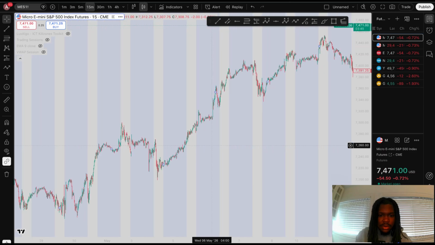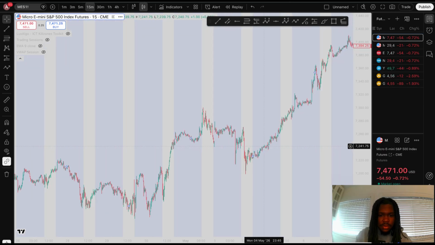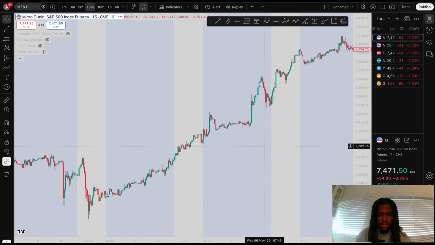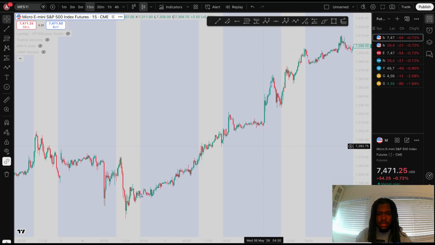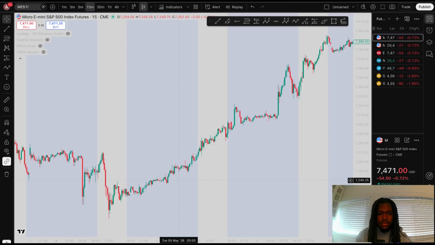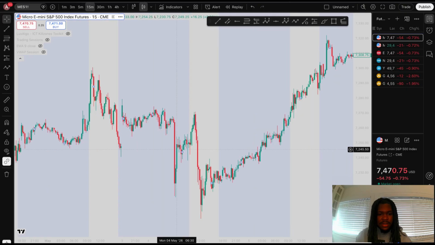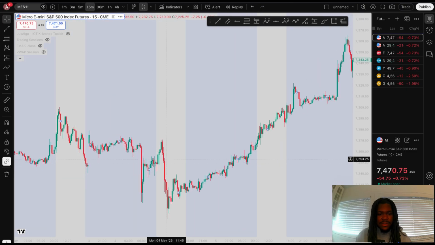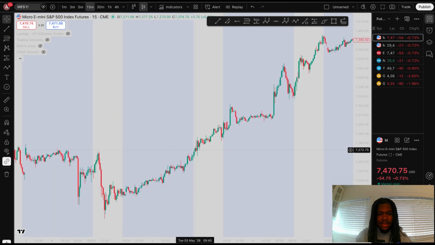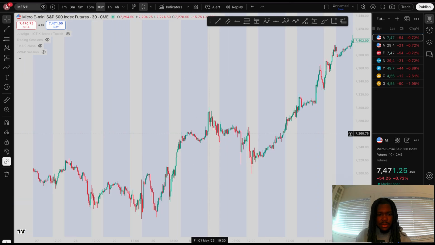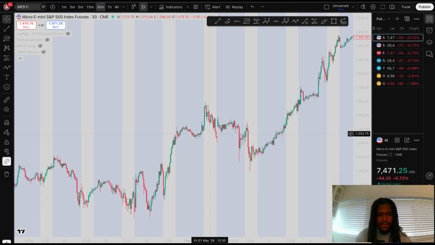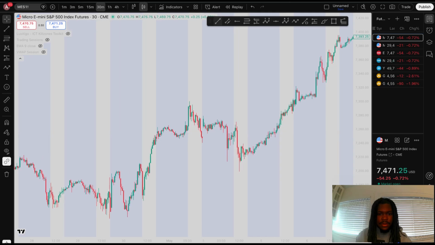Zoom into this. As well, I want to see if I can find an example of what consolidation looks like. All right, so it's kind of choppy here. It's kind of choppy here, but see, the 30 minute time frame looks like, okay, this is a good one.